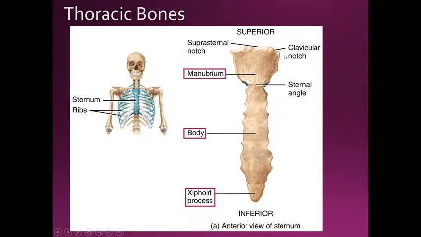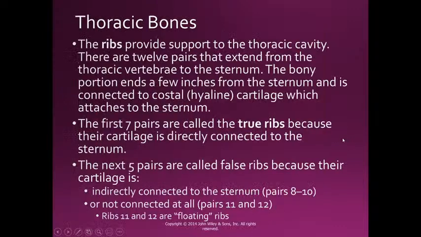So here we see the sternum again, body down here, corpus sterni, Latin name, manubrium, upper portion, and the xiphoid process down here is variably ossified. It may turn to bone, it may not. So the ribs provide support to the thoracic cavity, and of course there are 12 pairs, numbered 1 through 12, left and right.